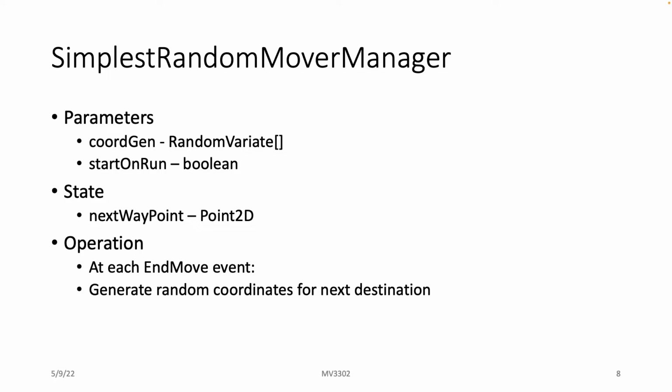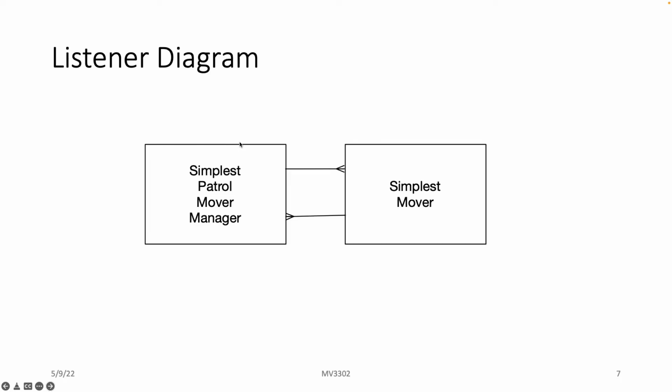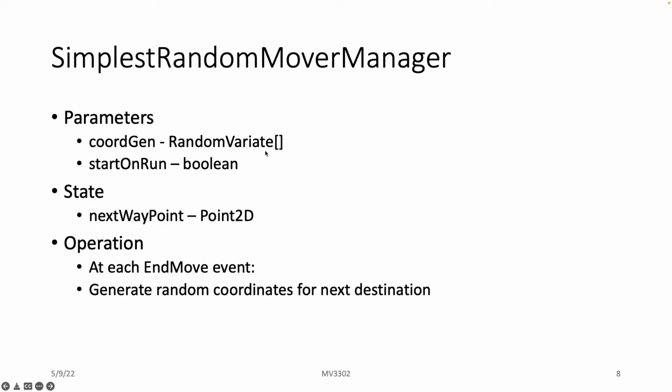So basically it's sort of randomizing. The idea is that our parameters are going to be a coordinate generator, which is going to be just an array of random variates.